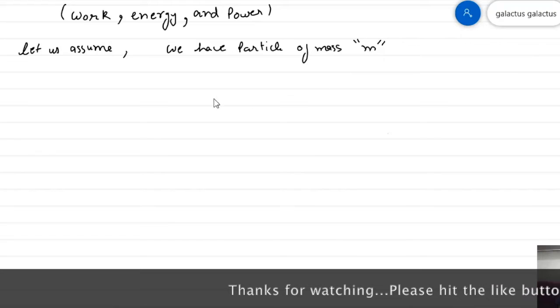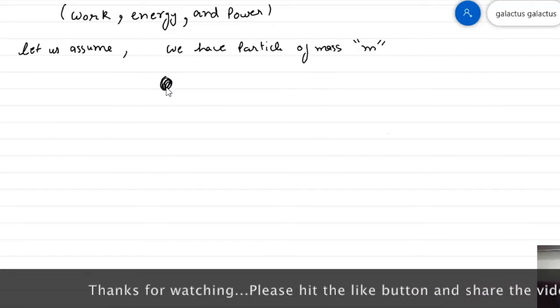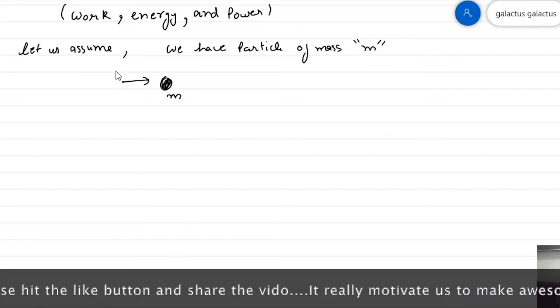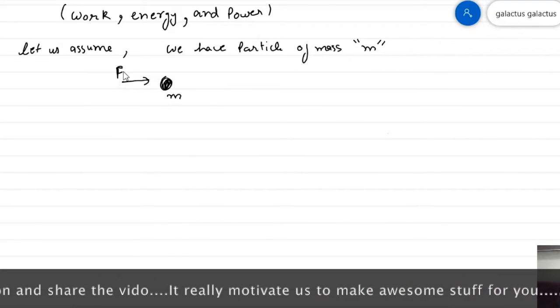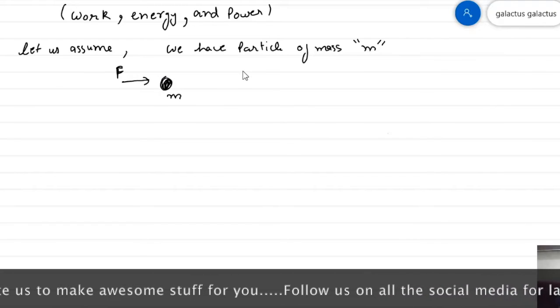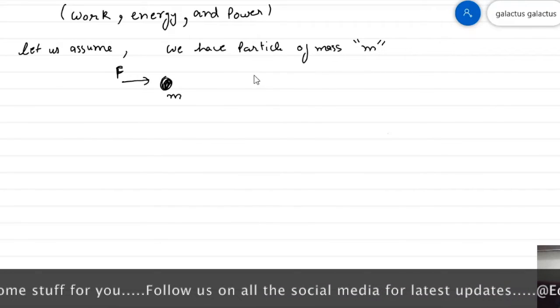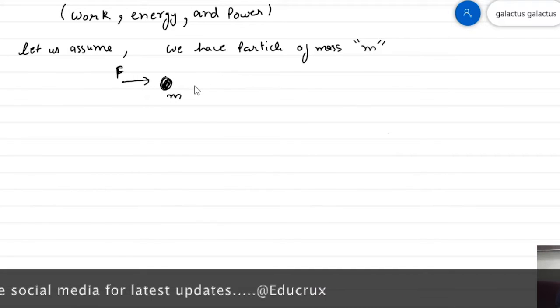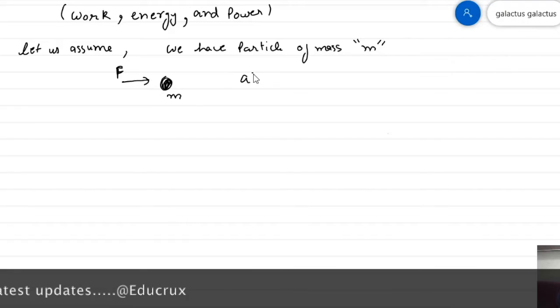So we have a particle or a ball of mass m, and if I apply a force F on it, the acceleration experienced by the mass or the ball due to this force is a.